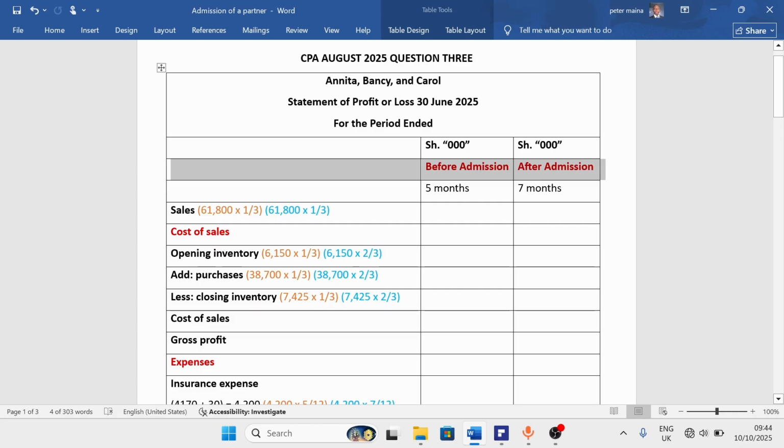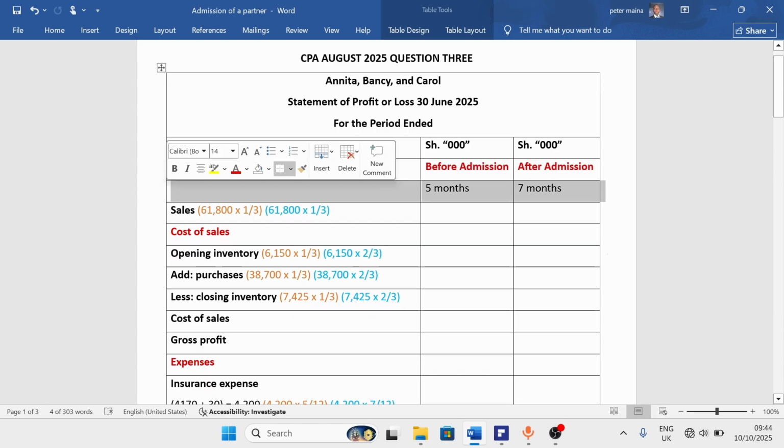One is before admission, the other one is after admission. And we have already determined that before admission of the partner, the business had stayed for 5 months, and after admission, we have 7 months. So we are going to apportion all the income and expenses into those two periods.